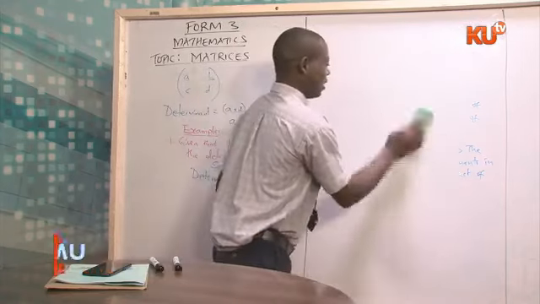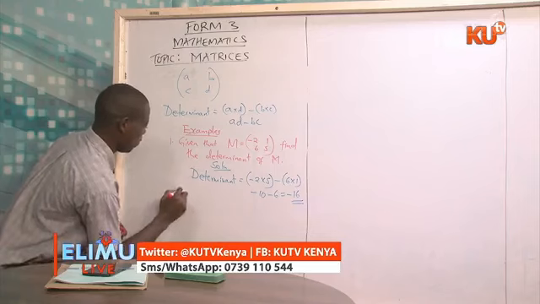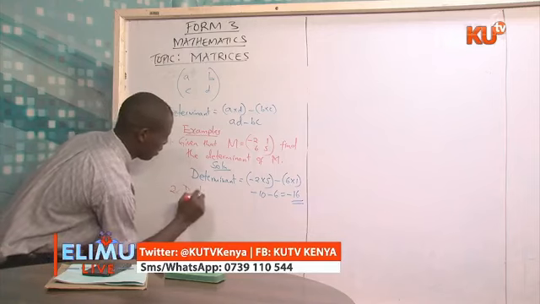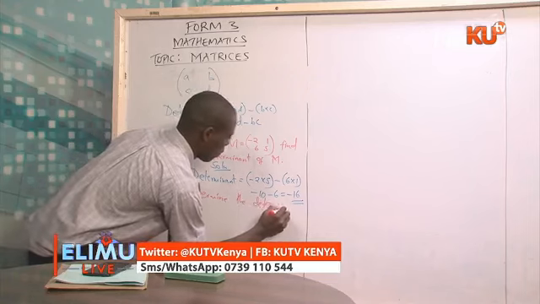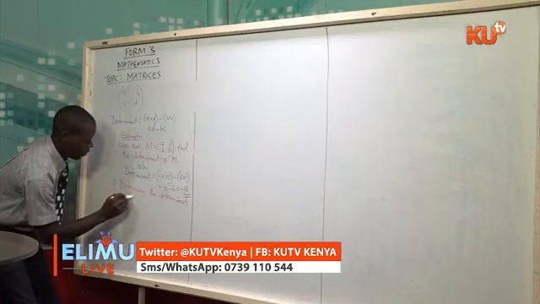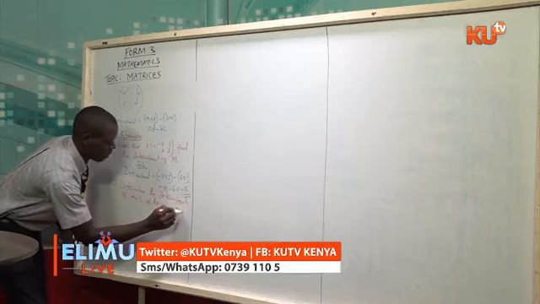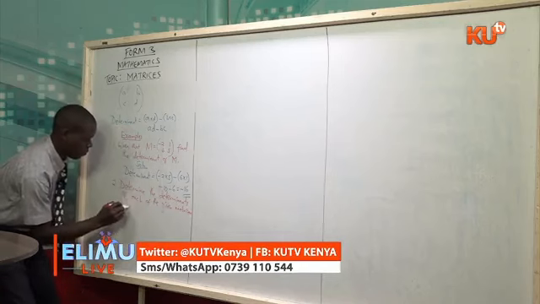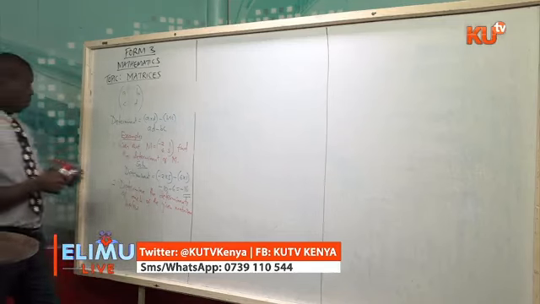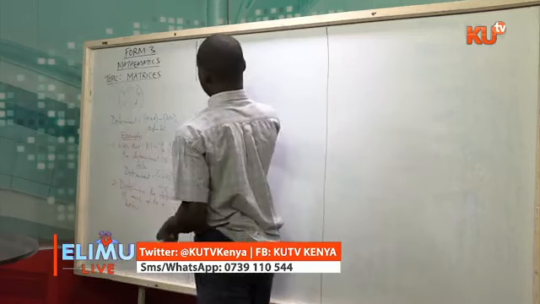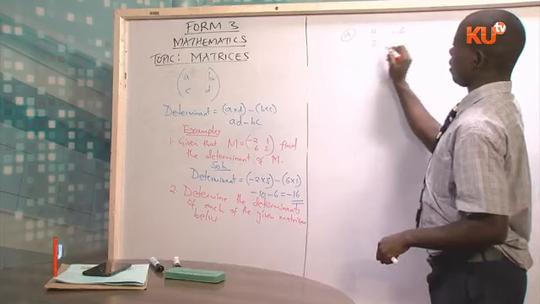We will look at the second example. We are told to determine the determinants of each of the given matrices below. Our first matrix is 4, negative 6, 3, 10.